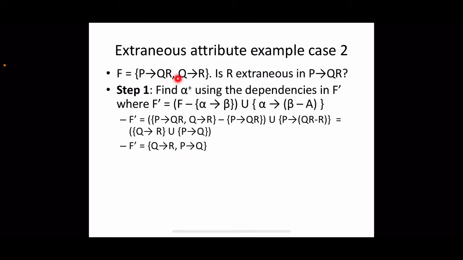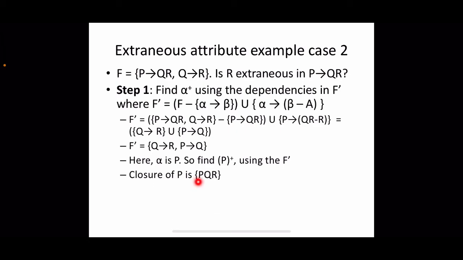Q determines R is already there. This is the modified one. Okay. So we have to find P closure with respect to F dash, right? Using the algorithm. So we will get the closure of P with respect to these two functional dependencies as P, Q, R. Whether it contains our A, what is A actually? R, right?